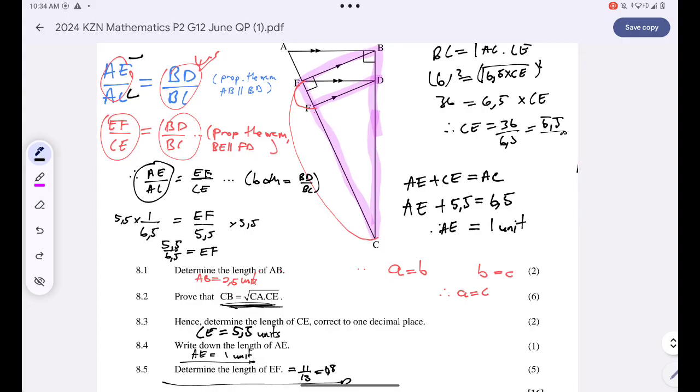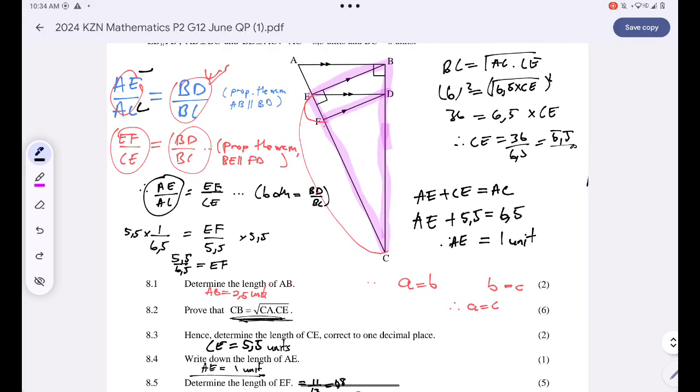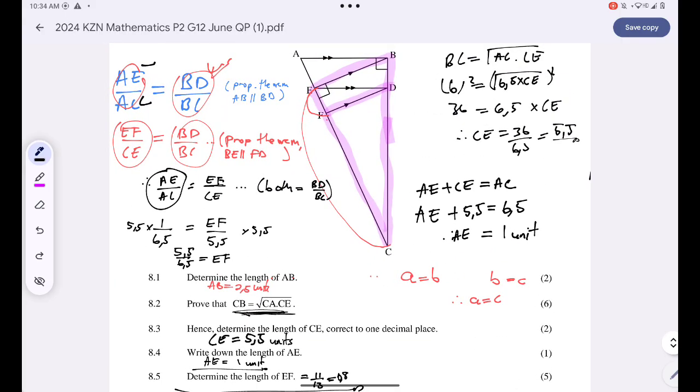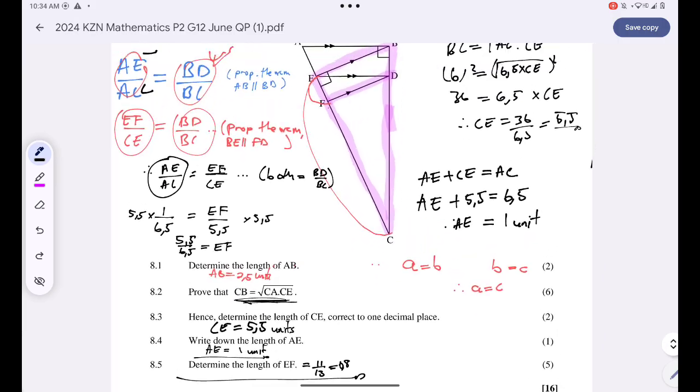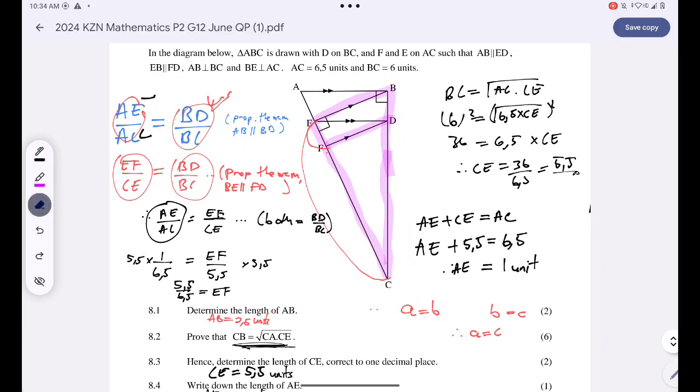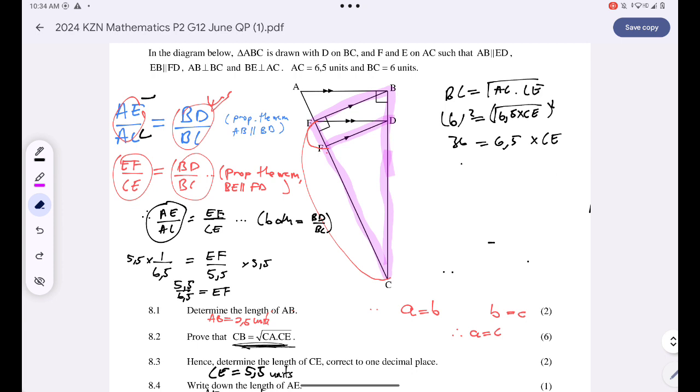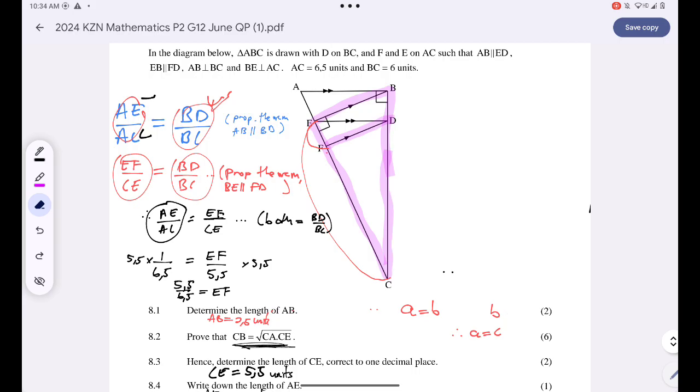That's how, guys, you're supposed to tackle this question. Let me re-explain this question to you. Initially, I said let me write it in red on the other side so that it will be clear, because I made mistakes while writing down. Initially, I focused on triangle ABC. And inside triangle ABC, there's line FD, which is drawn parallel to AB.